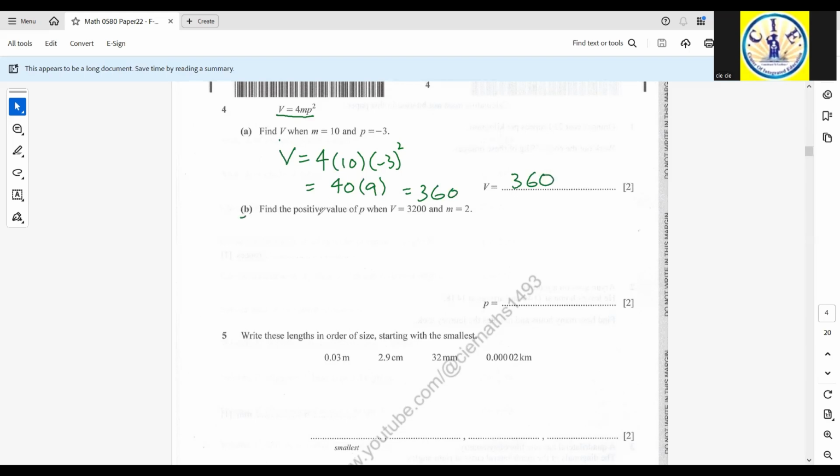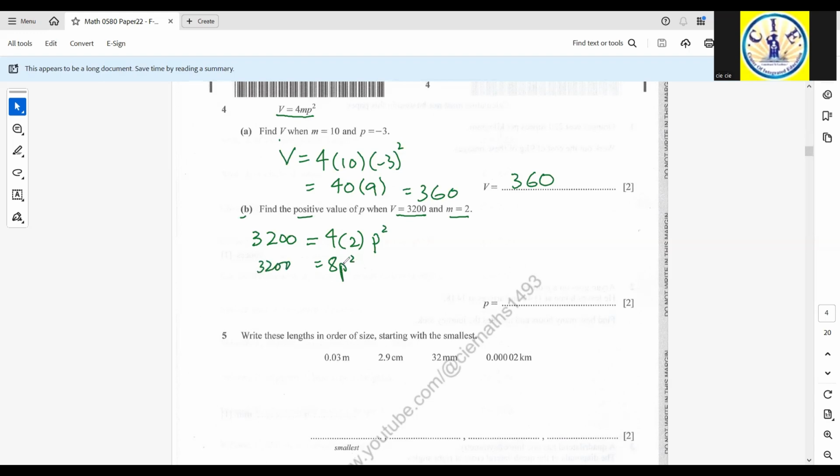For part B, find the positive value of p when V is 3200 and m is equal to 2. So I'm going to replace the value 3200 equals 4, the value of m is 2, and p squared would be the same. So 4 times 2, that is 8 times p squared.